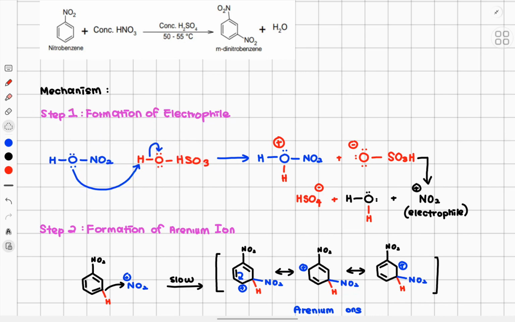So, one lone pair of HNO3 will attack one hydrogen atom on H2SO4, and one of the lone pairs of oxygen will form a partially positive oxygen ion.